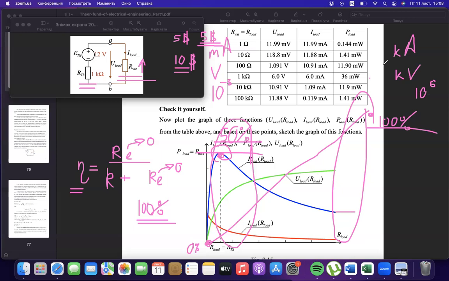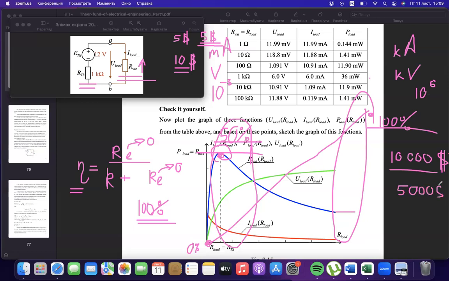But if we are working in power engineering, then we are speaking about hundreds, thousands of dollars. It could be a couple thousand dollars of energy consumption cost, and it is quite important. Either we spend 10,000 or we spend 5,000.